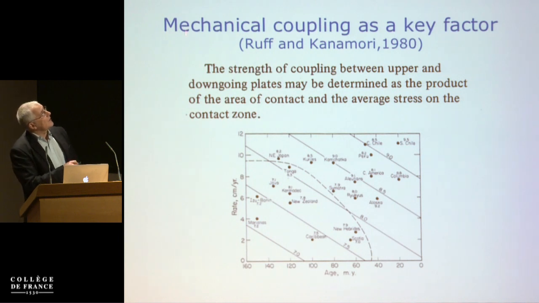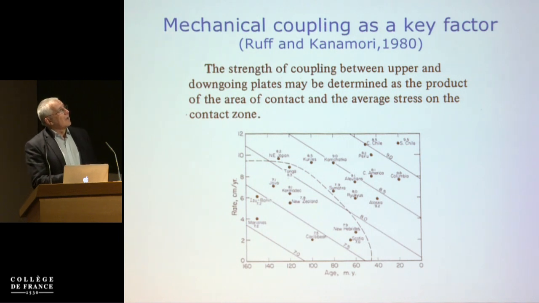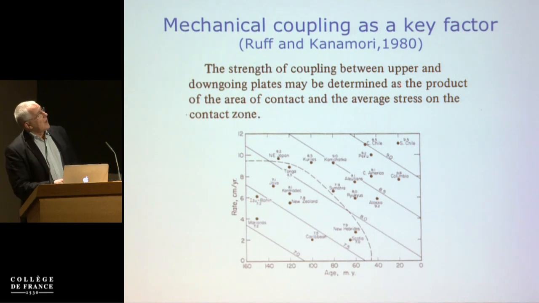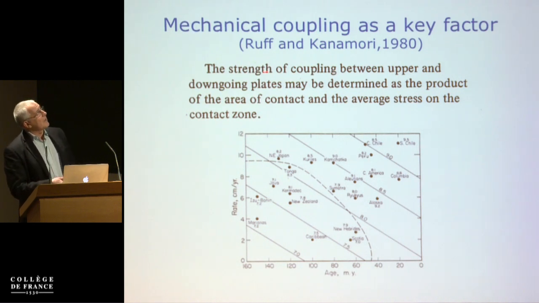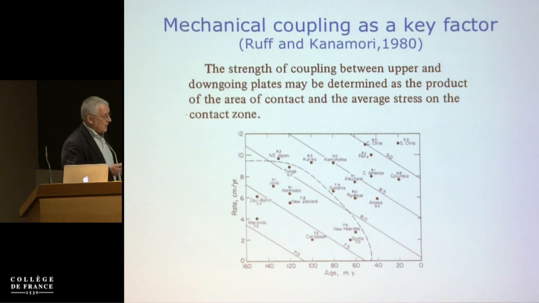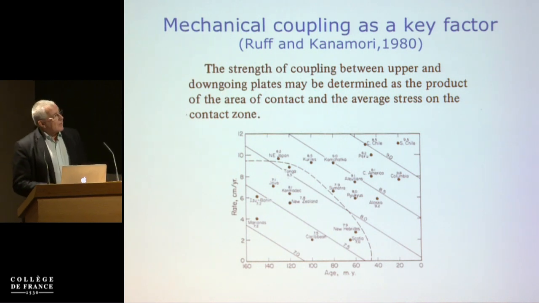They assumed that mechanical coupling was a key factor, and this is not to be mixed with seismic coupling. This is really mechanical coupling, which they define as the strength of coupling between upper and downgoing plates as a product of the area and stress on the contact zone.